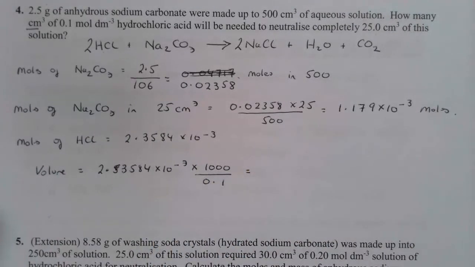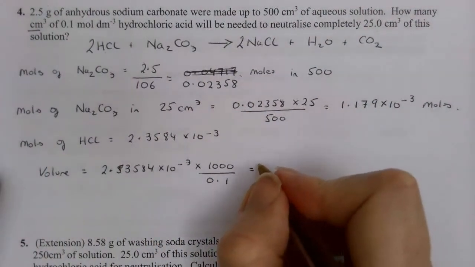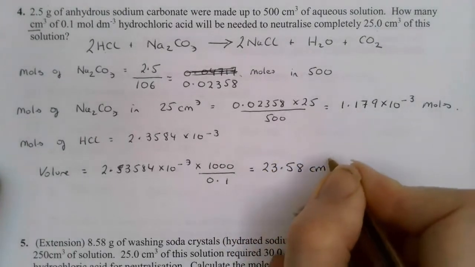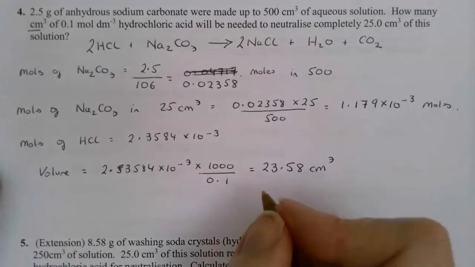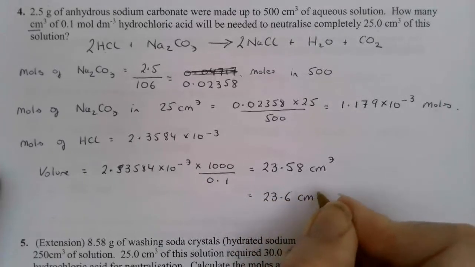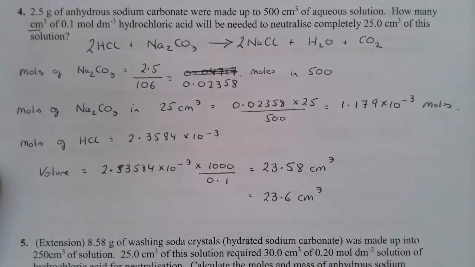And that gets me 23.58 centimeters cubed. So to 3 sig figs that would be 23.6 centimeters cubed, which comes out as a reasonably accurate value.